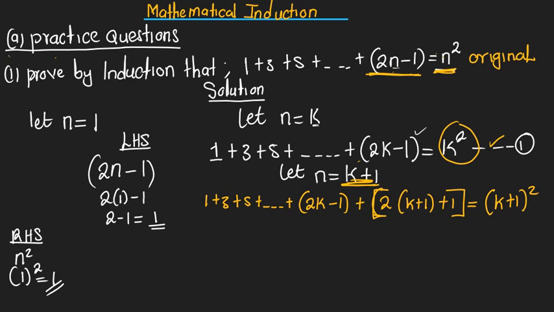Okay, then from this part here, this part here is the same as this one, and it was equal to k to the power 2. So this whole part that I've lined here, you replace with k to the power 2 plus 2.